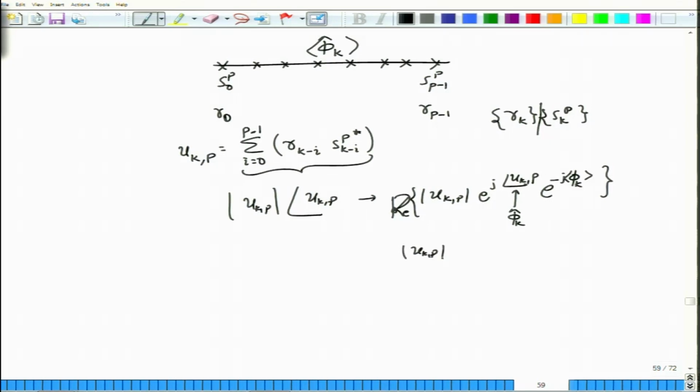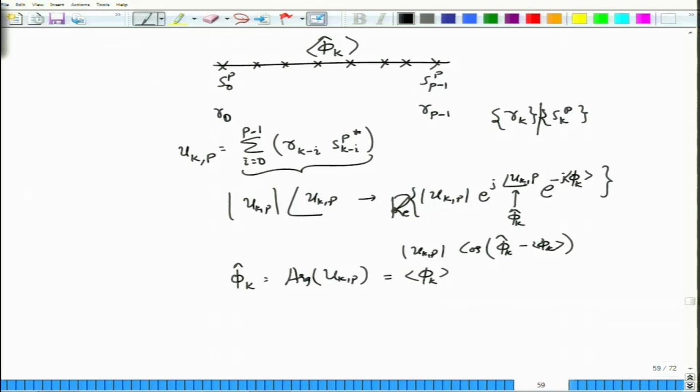So, that would simply come around here, and then you have cos of phi_k hat, which is the estimate, minus phi_k average. The estimate phi_k that you have obtained, which is basically the argument of u_{k,p}, will be the best estimate for the average phi_k of the phase noise at that particular kth sampling time.